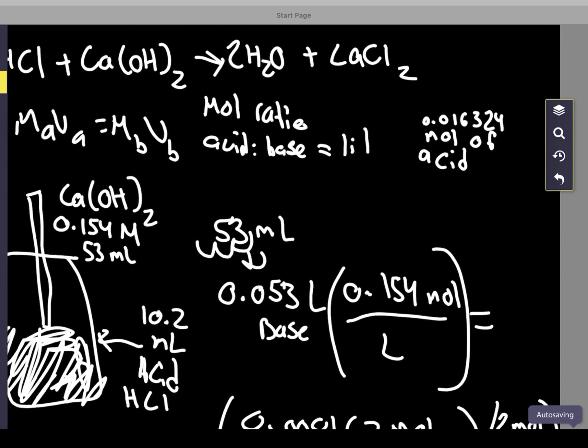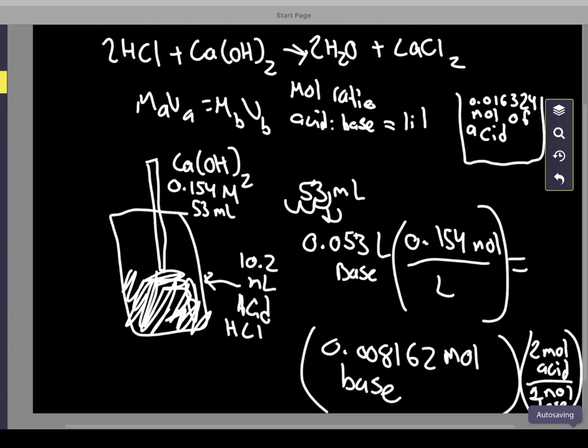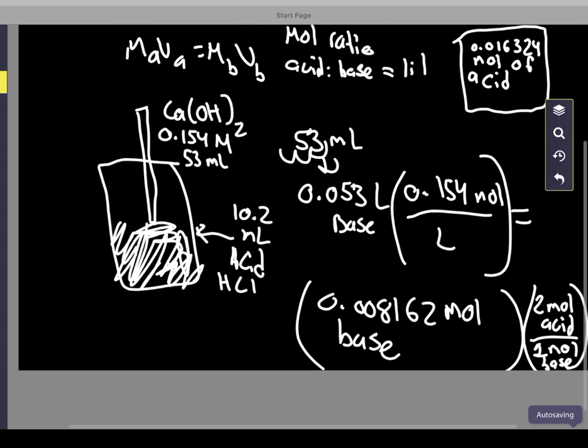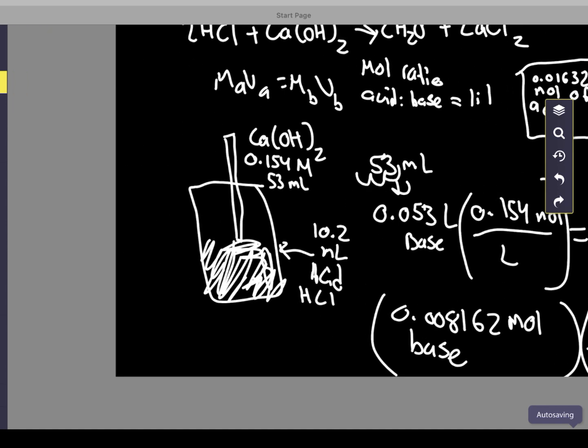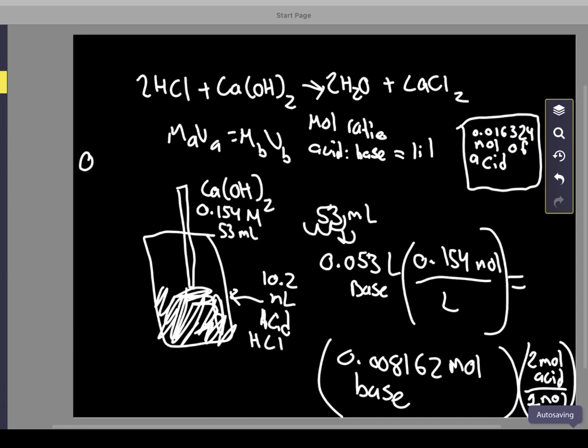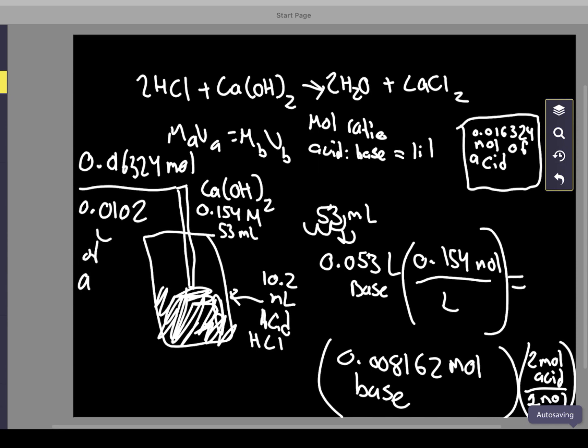Now you have moles, right? So now we found out that we have this many moles of acid. And we can see that we also have the volume of the acid. So we can find molarity, aka concentration. So 0.016324 moles over liters, right? So in this case, it would be 0.0102 liters of acid, and you can find the molarity.